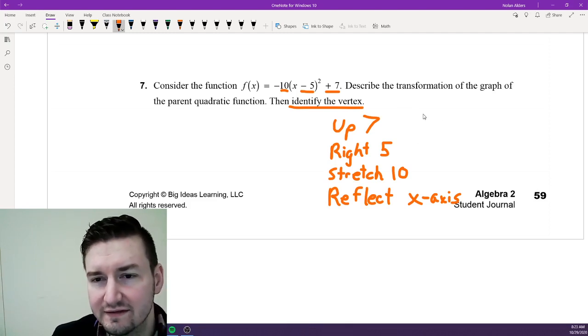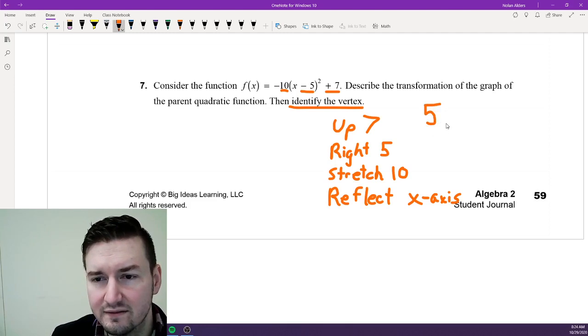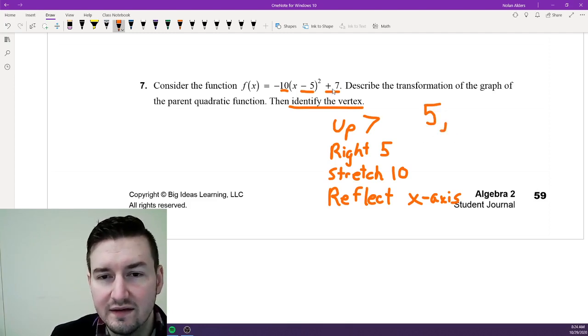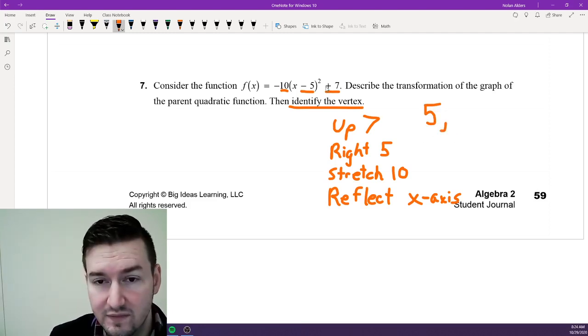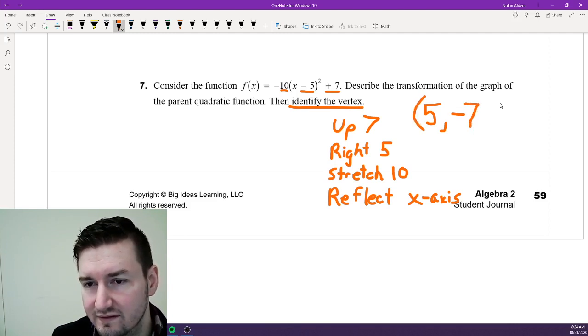So our vertex is going to be 5 to the right, and then it's going to be down 7 because of the reflection across the x-axis. So it'll be 5, negative 7 would be where our vertex is.